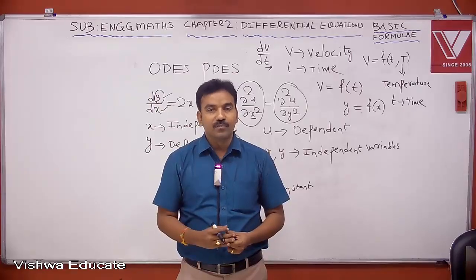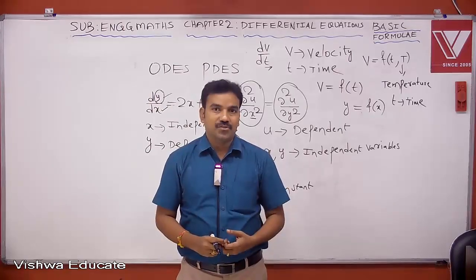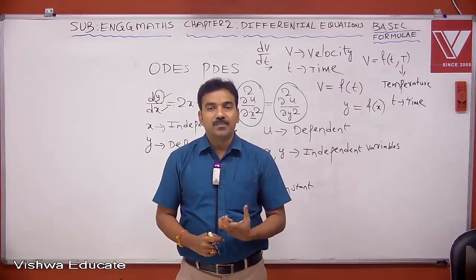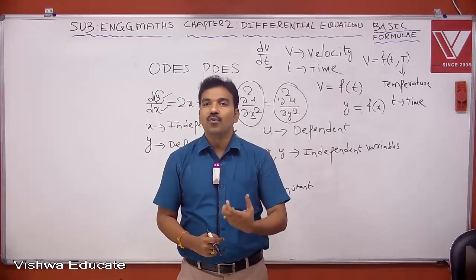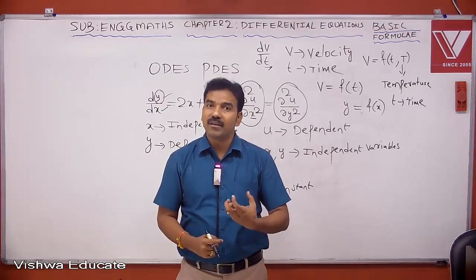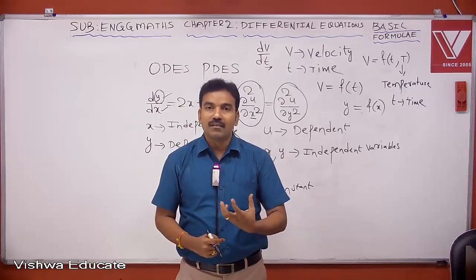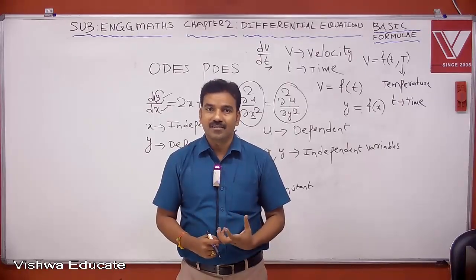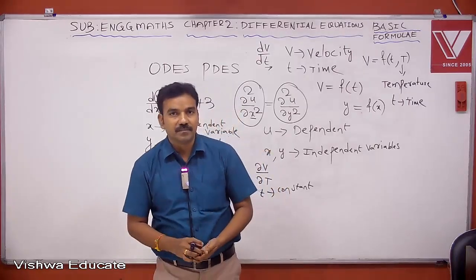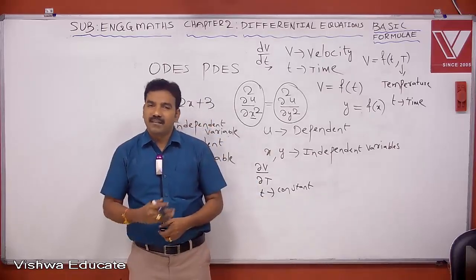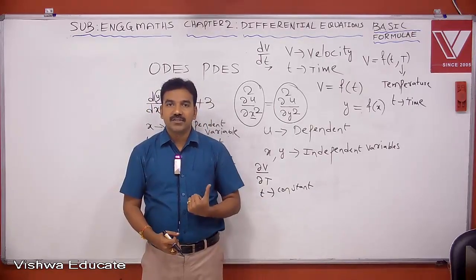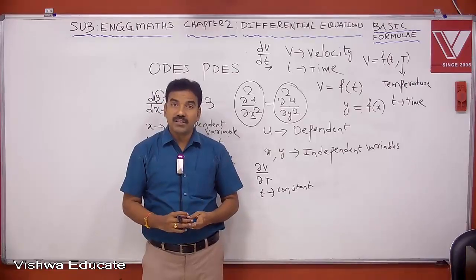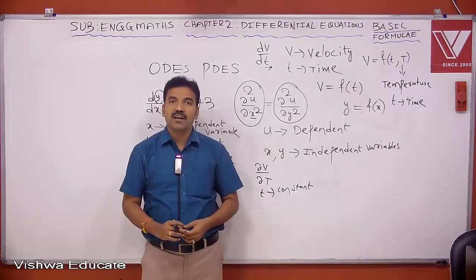If you go to Laplace transforms, completely it is based on derivatives and integration, transform theory techniques. If you go to probability and statistics, there will be distribution curves, based completely on integrals. So hope you understand, for all the rest of the chapters, the basics are derivatives and integrations. Now let me list out the basic formulae of differentiation and integration.